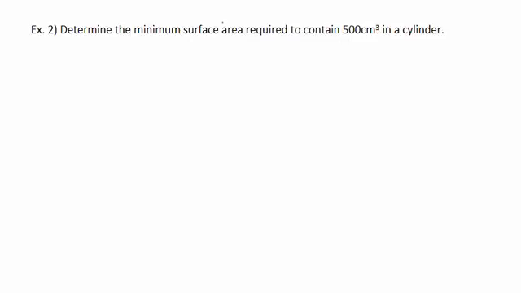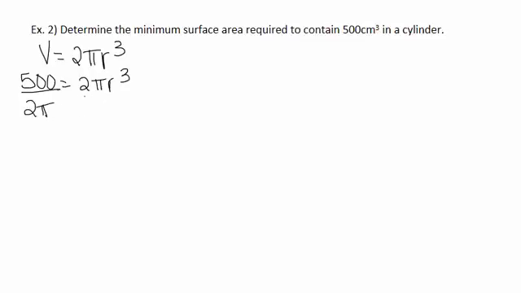So we know from above that volume is equal to 2 pi r cubed. We'll plug in 500 for volume and solve for r. So let's divide both sides by 2 pi, and these will cancel out, and we're left with 79.58 equals the radius cubed.